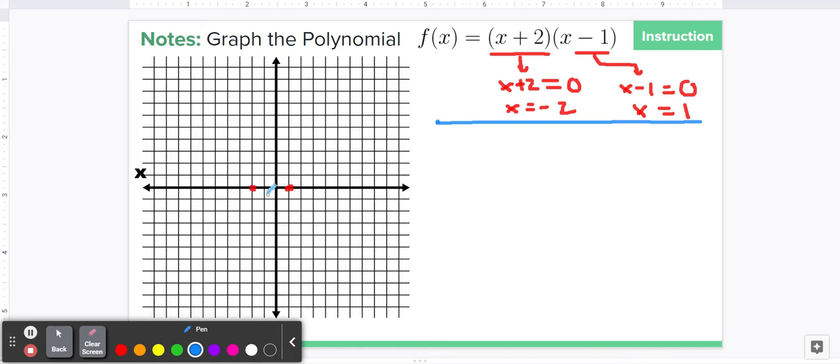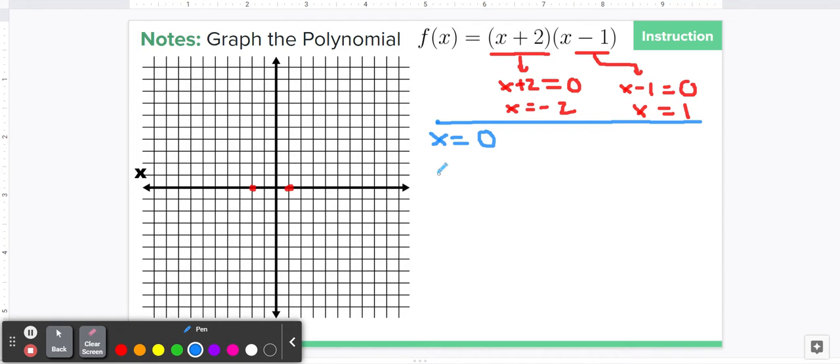If I look in between negative 2 and 1, I can choose the point at x equals negative 1 or at x equals 0. Either of those will work, but let's evaluate at x equals 0, just because 0 is a nice clean number for us to work with.